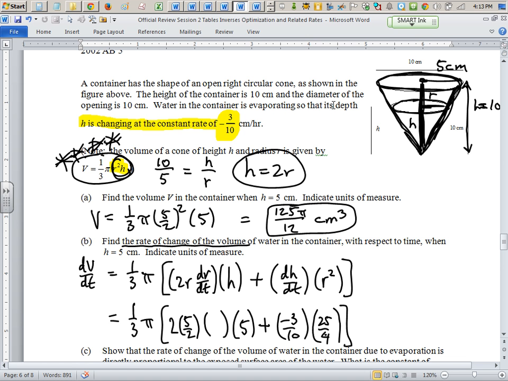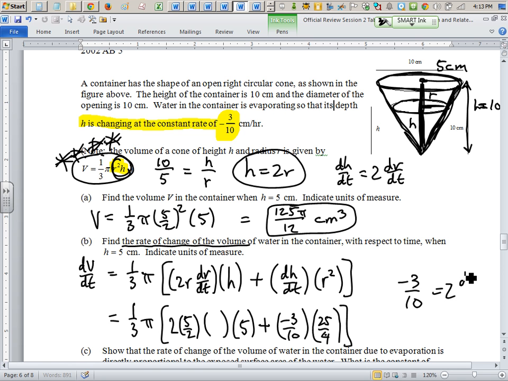So there's one more little factoid we never wrote down, that dH/dt is 2 dr/dt, you see. And if dH/dt is negative 3/10, then we have negative 3/10 is 2 dr/dt. And this means, if you divide both sides by 2, that dr/dt is negative 3/20. It's just half of dH/dt.